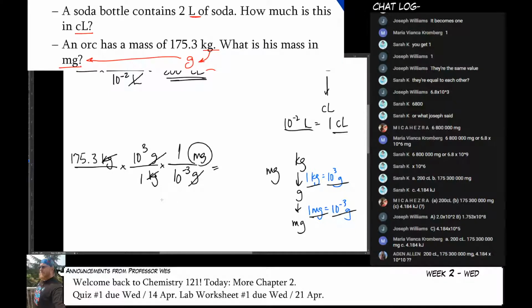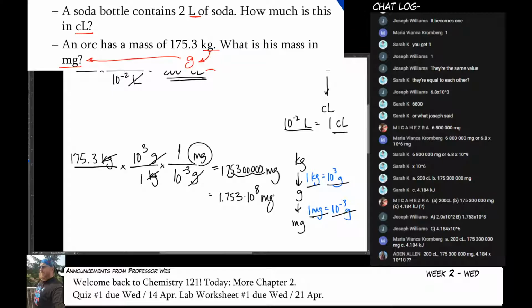And I get, that's a lot of zeros. 3, 6, 7, 8. So 1, 7, 5, 3, 0, 0, 0, 0, 0. Yeah, that's right. Okay. If I want to do scientific notation, because this number is silly, it was an 8, and then I kind of messed it up there.